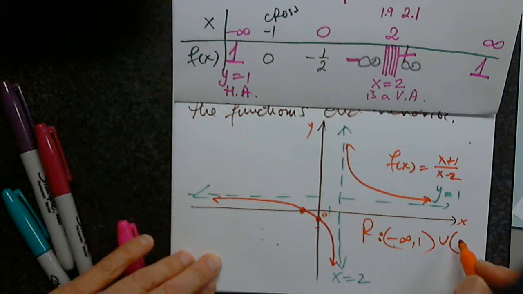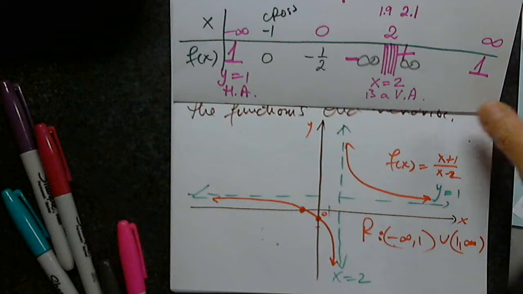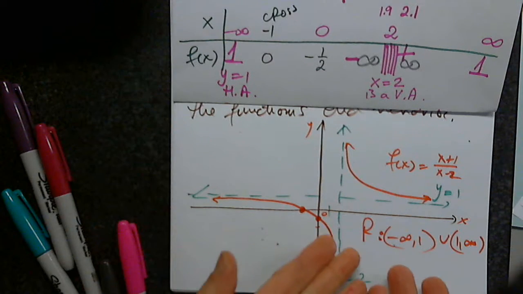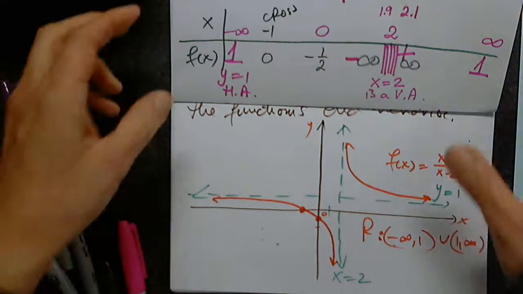Very good. That's it. These are not friendly functions. They have a lot of ins and outs. Things like asymptotes, behavior near the asymptotes, and behavior with the asymptotes, range. That is what it is.